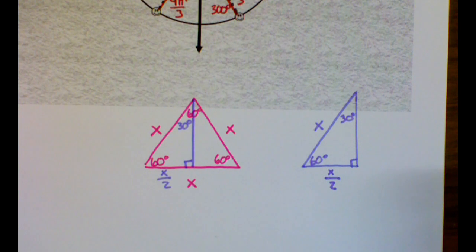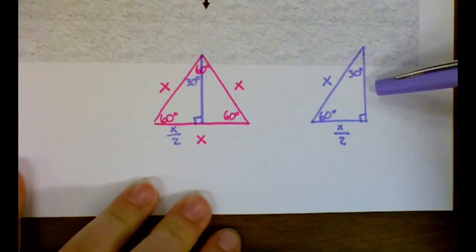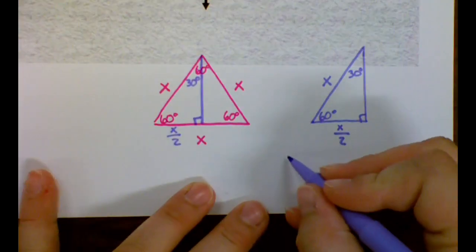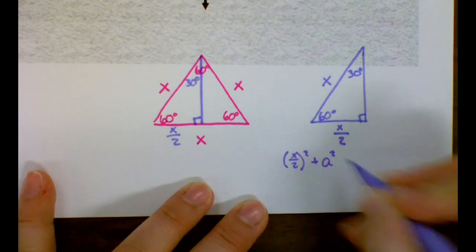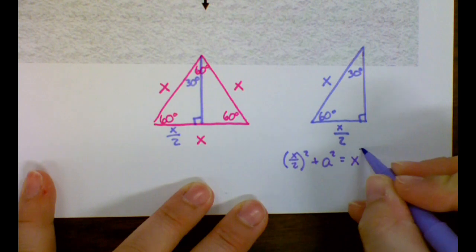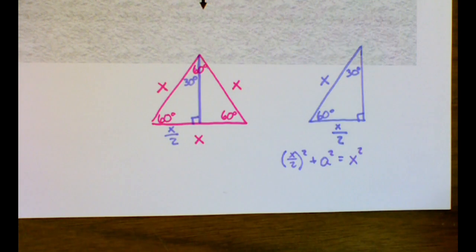To make our lives a little easier, we could double this, but let's find this missing side. Let's call it a. So I take x divided by 2 squared plus a squared equals x squared. Wait a second. We know something about this triangle.